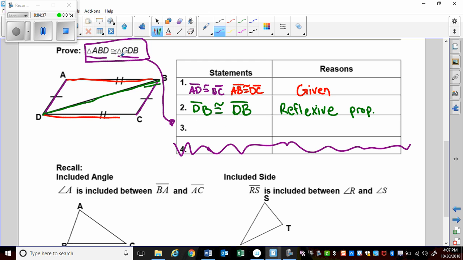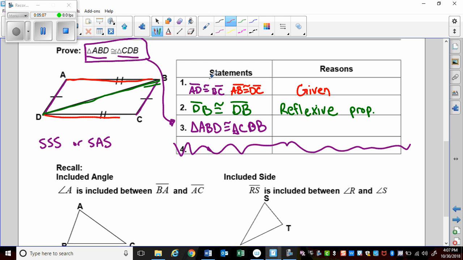So number 3 is going to be to rewrite what I'm going to try to prove. I'm trying to prove that triangle ABD, same order, you have to leave it exactly the same, is congruent to triangle CDB. The order does matter, right? CDB. My reason is going to be today either side, side, side, or side, angle, side.